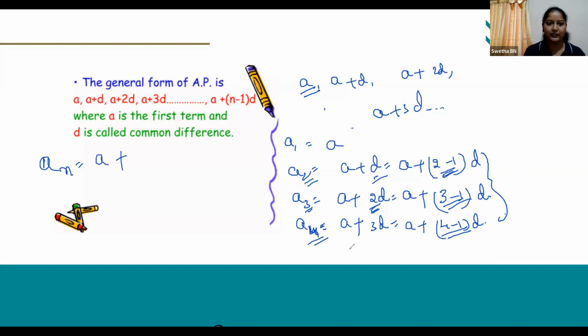So how can you write for An? Panchami, A plus? See here, for A2, we have written 2 minus 1. For A3, 3 minus 1. For A4, 4 minus 1. So how can you write for An? A plus?